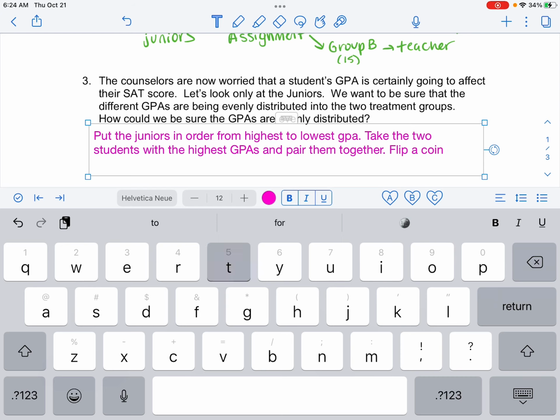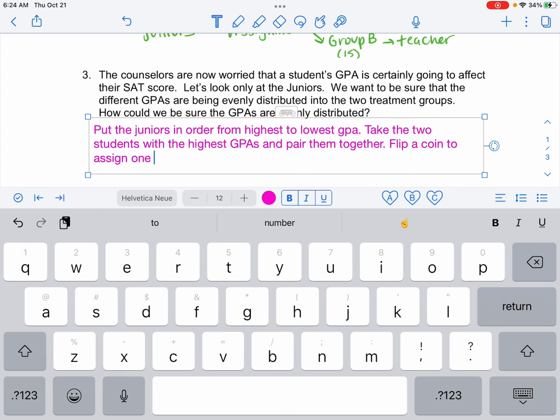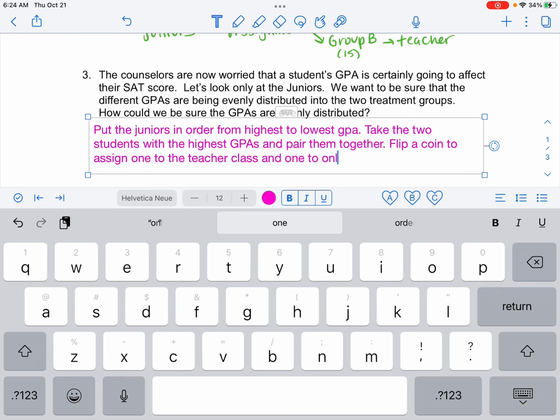So flip a coin to assign 1 to the teacher class and 1 to online prep.